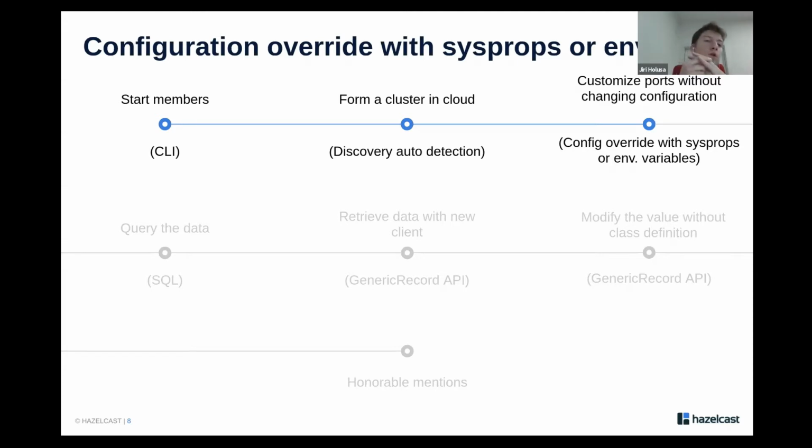But what if there was a better way of just changing small bits of configuration using, for instance, system properties or environment variables? And that's exactly what we provided in the 4.1 release.